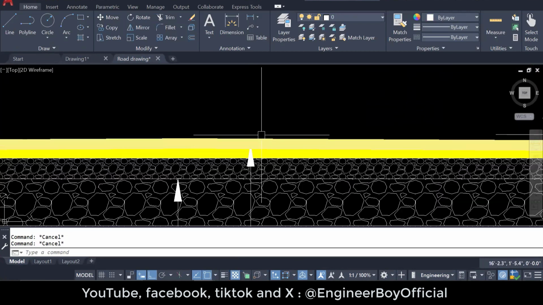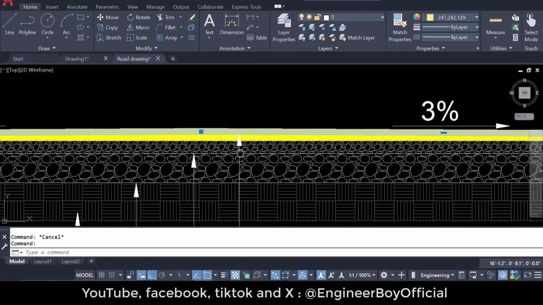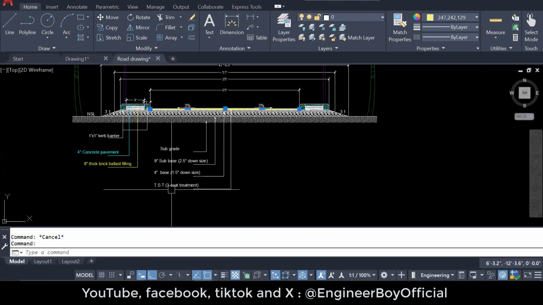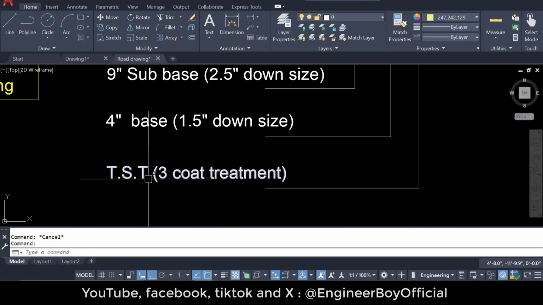Now, this, which is just selected, and there is an arrow drawn over there, leading to this information, which is TST or triple surface treatment. This is a 3 coats treatment, which may include bitumen and then maybe budgery or crushed stone. It means it is just a flexible pavement, okay.